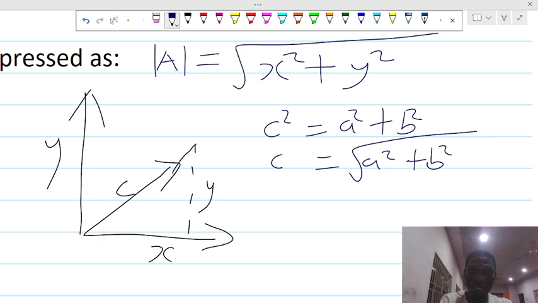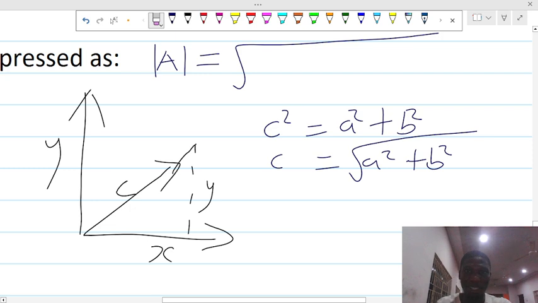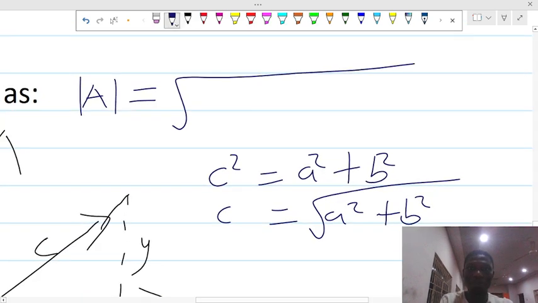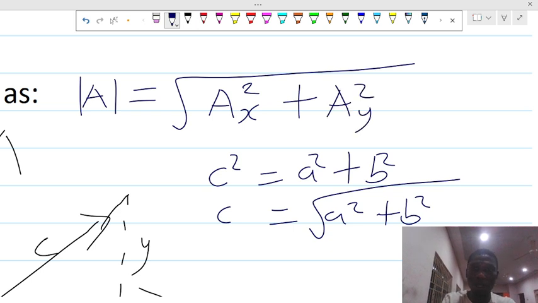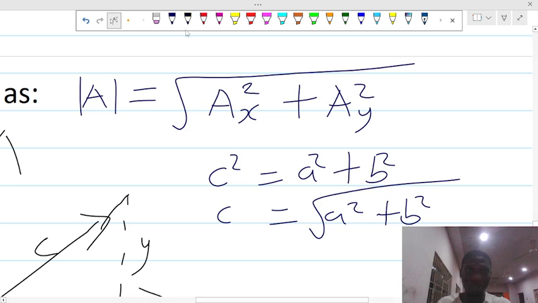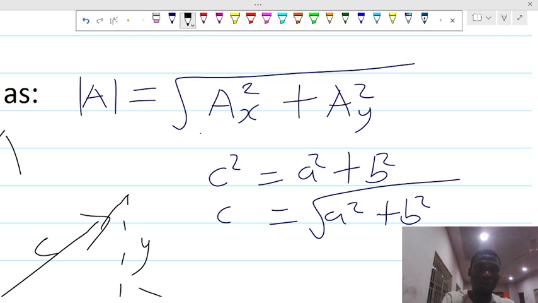This is not really accurate, though it's still accurate, but we'll put it this way: this is A x, the component of vector A in the x direction, squared, plus the component of vector A in the y direction squared, all under a square root. So this is our formula for the magnitude of a vector.